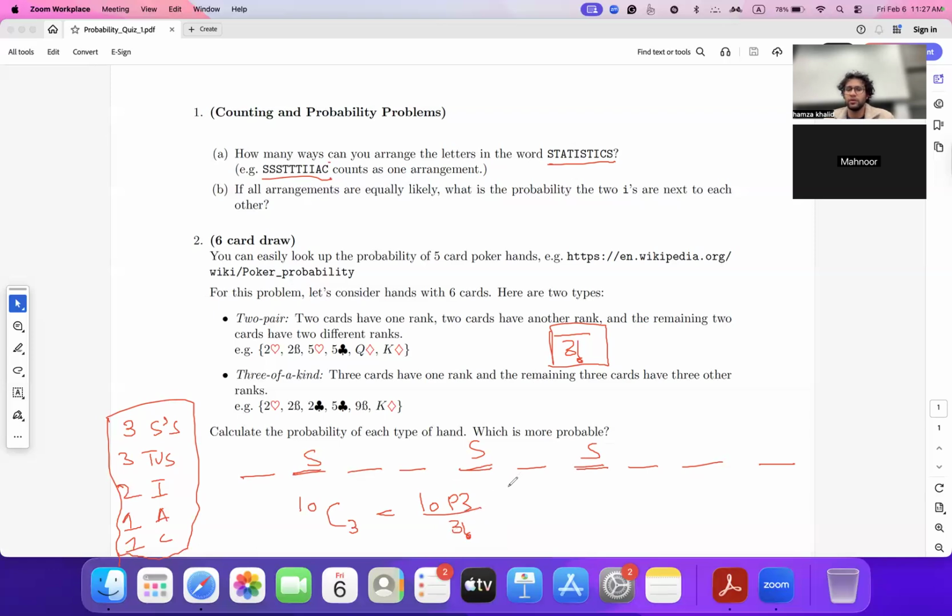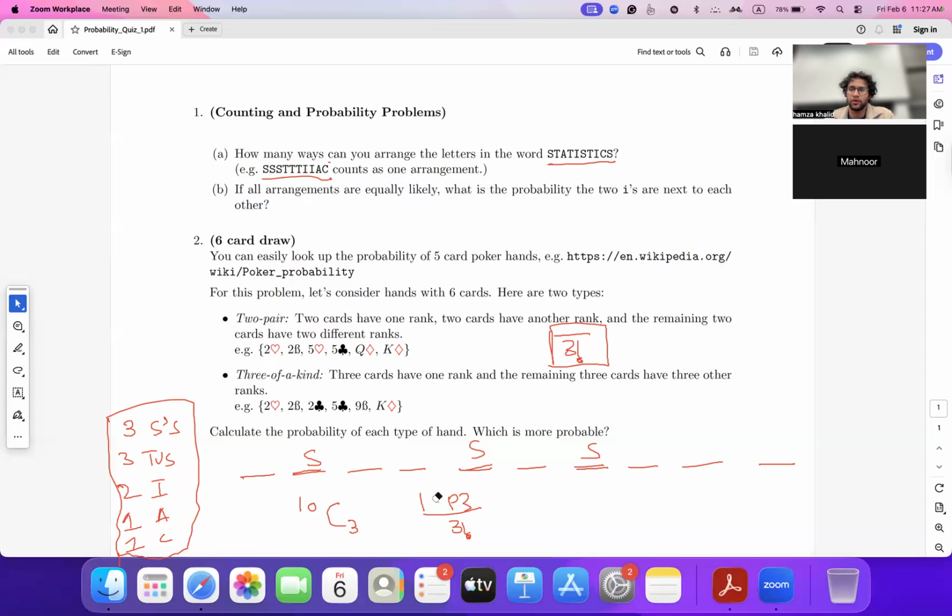Either way doesn't really matter because the answers are the same, and you can always think of this as this, right? So the factor that counts for the repetition is already taken into account in the combination term. That's what I wanted to insist upon. Is that clear?